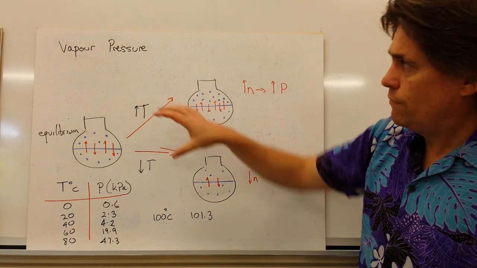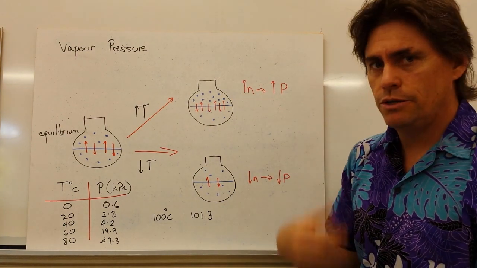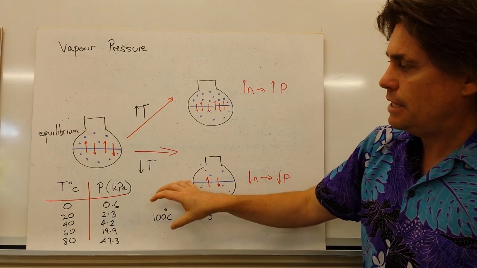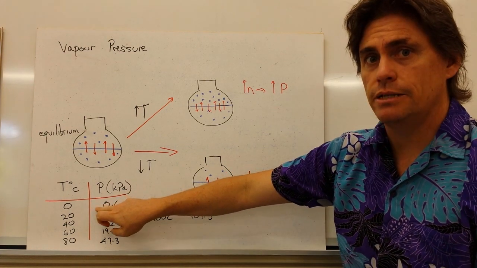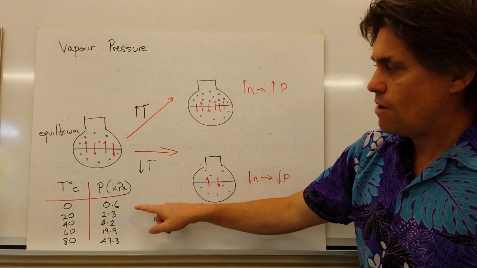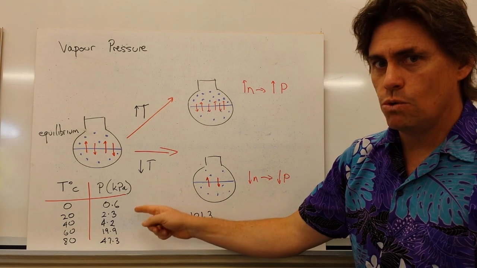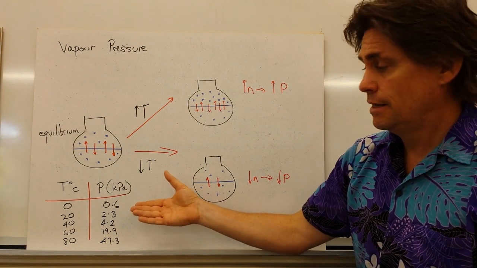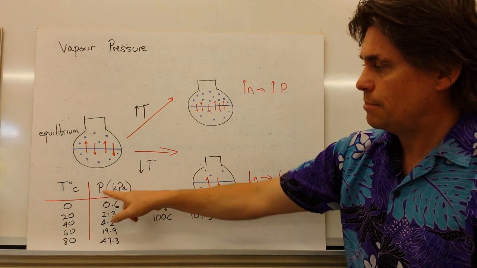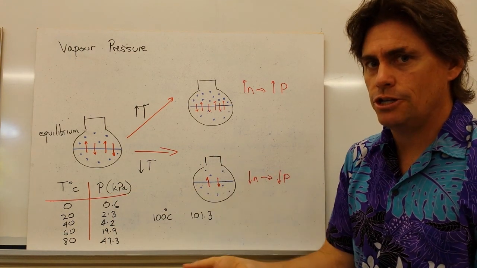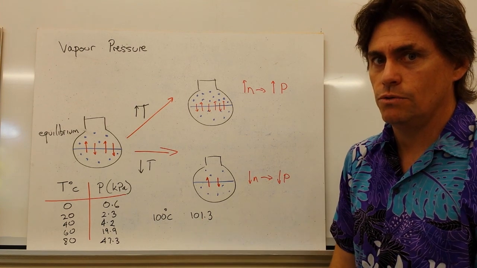We've got to take this knowledge into account if we're doing any experiment with the pressure of gases. We have to work out the temperature at which we're conducting our experiment and subtract the vapour pressure of water. We have to subtract that partial pressure from any total pressure that we get to get the pressure of the gas that we're looking for.